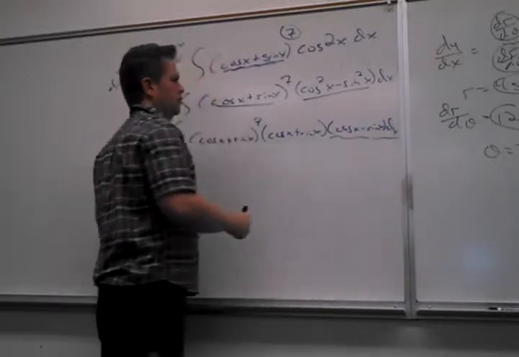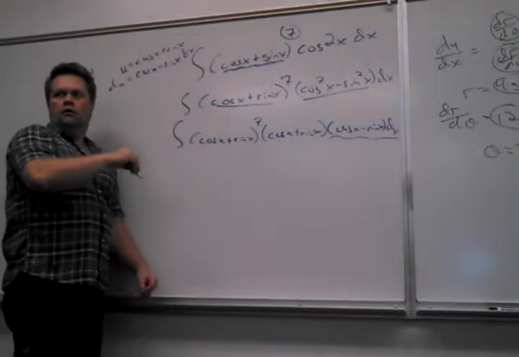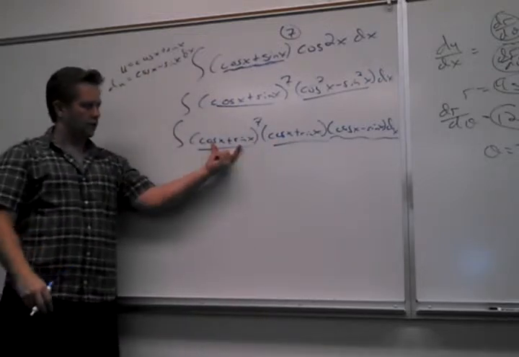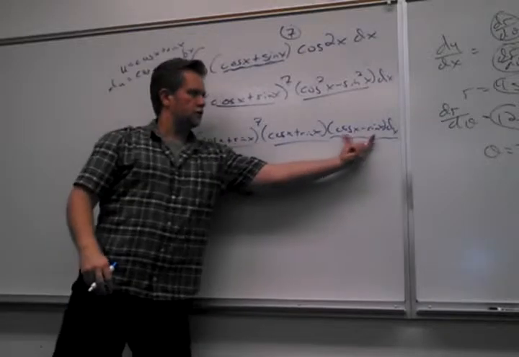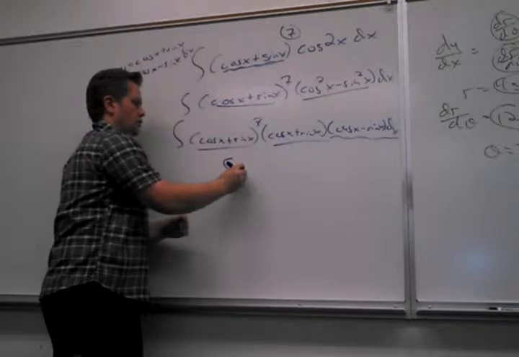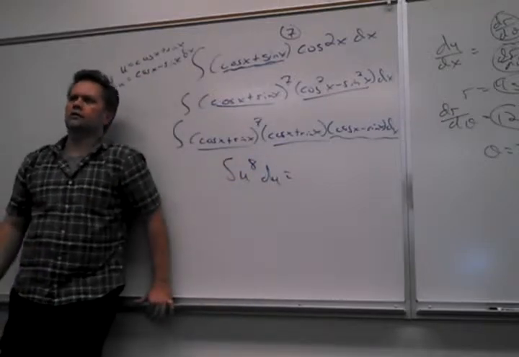This will be du, right? And now I've got 8 of these. So if I let u equal this, du is that, so I get u to the 8th du. Crazy.